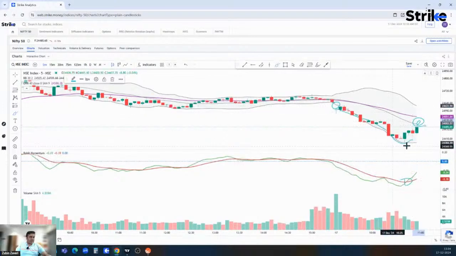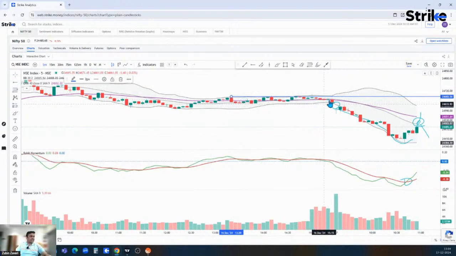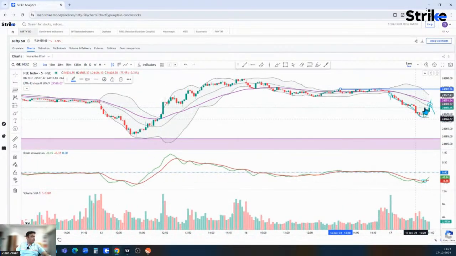We have to see if Nifty takes resistance and comes down, or breaks above it. Till yesterday there was a nice Bollinger Band squeeze, and today the market just came down very quickly. Now the momentum has again turned in favor of the bulls. So that's the 15-minute chart.